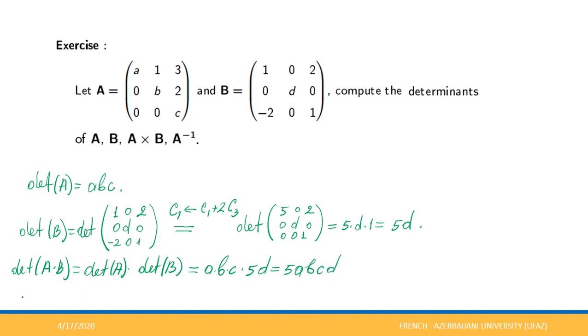Then we find the determinant of inverse of A. You know this is equal to 1 over determinant of A, which is equal to 1 over ABC. Here we assume that A, B, and C are different from 0. Okay, that's all.